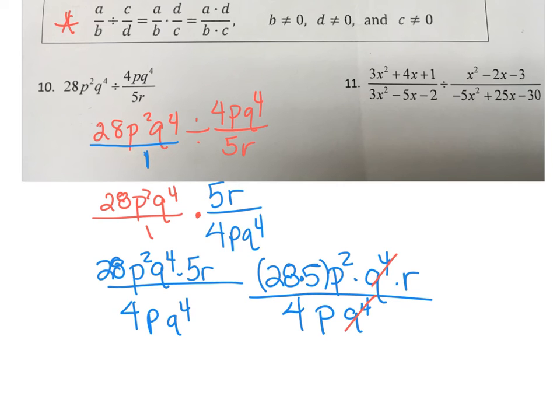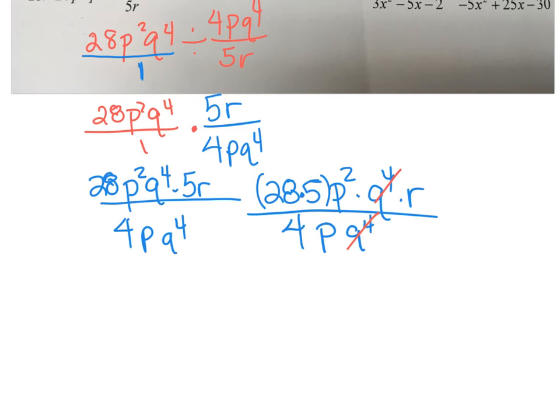We have p squared over p. We'll be able to simplify that. 28 times 5, 140 divided by 4 gives us 35. So we have 35. p squared over p gives us p, and then we have r at the top. That means nothing is at the bottom, and this is our final answer.